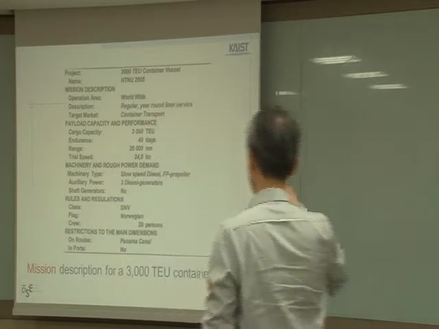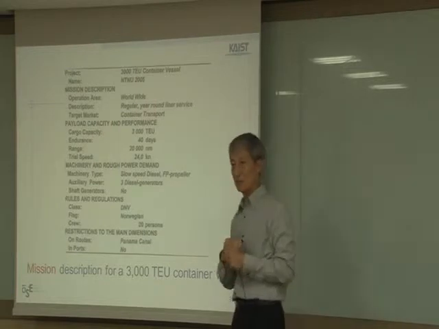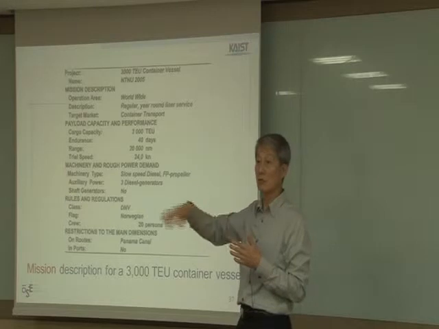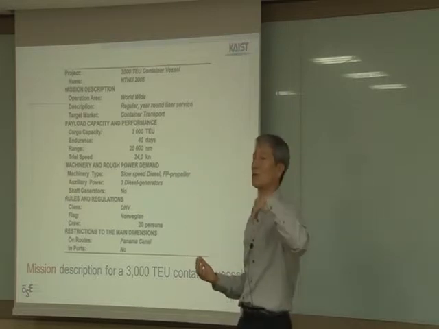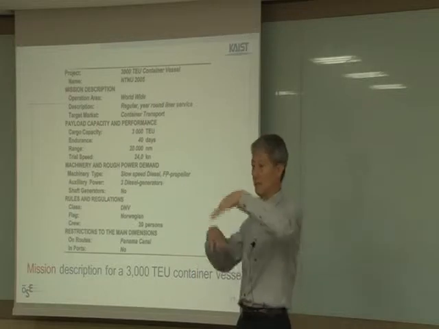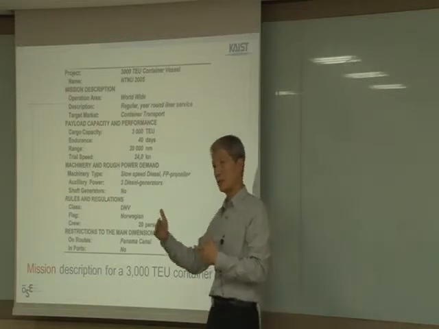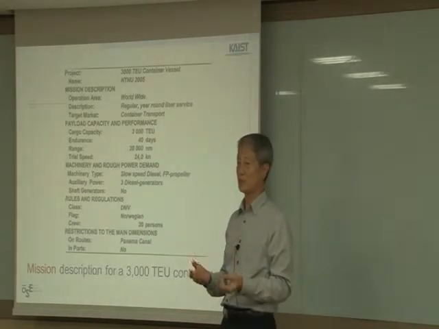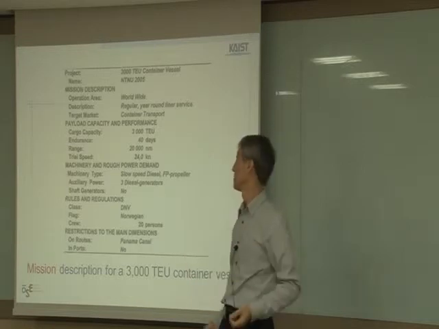So there is a trial voyage contract, and then we measure several things in the trial voyage. It takes several days or more than a week, together with the owners and classification society and many other persons on the ship. And then if the trial voyage succeeds, we finalize the project, and delivery and payment is done.